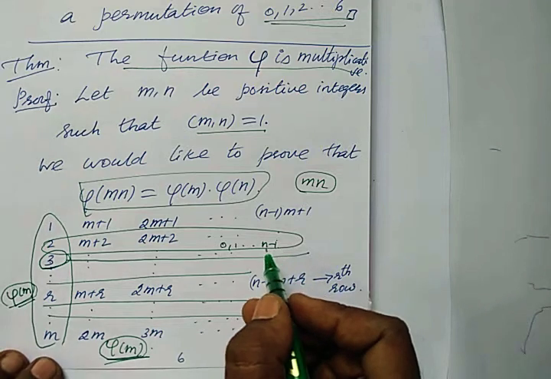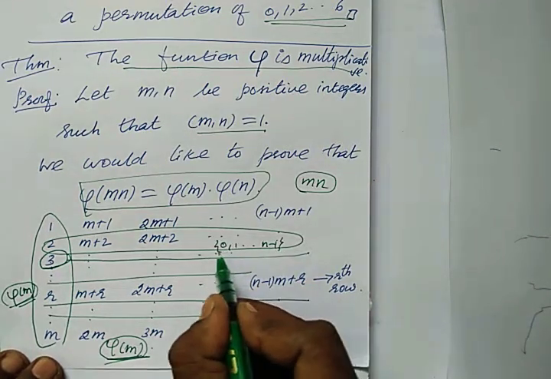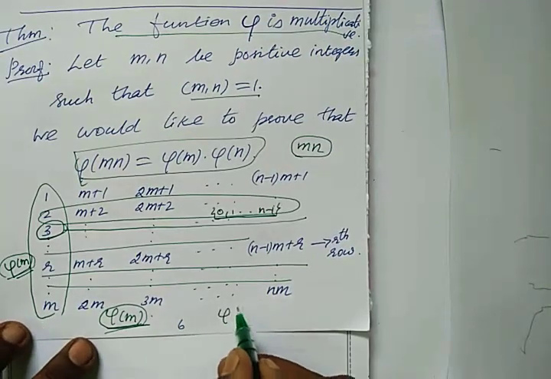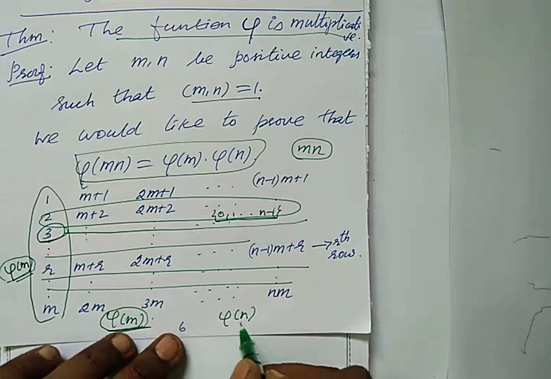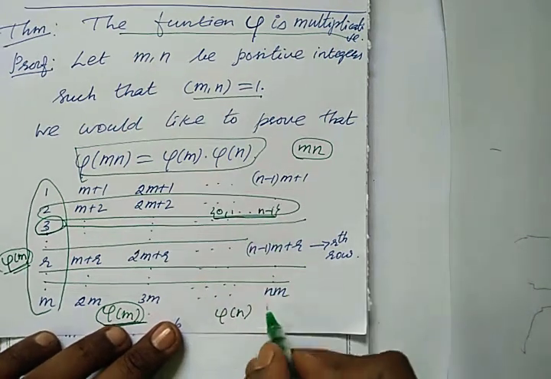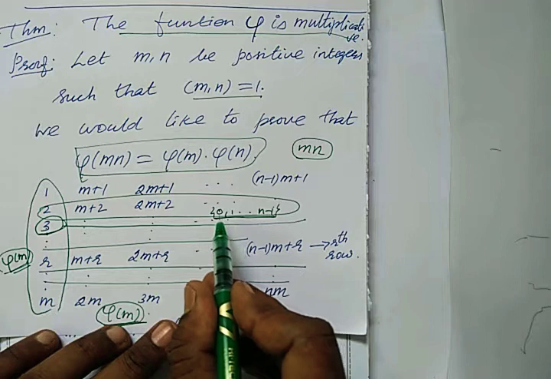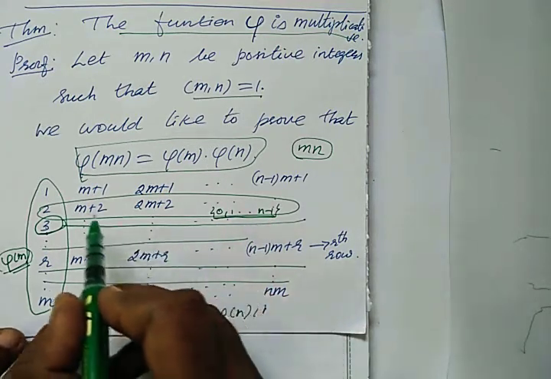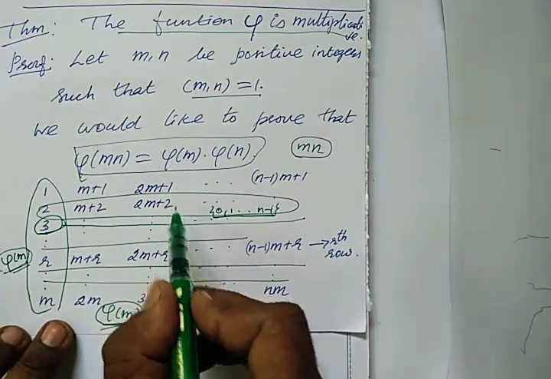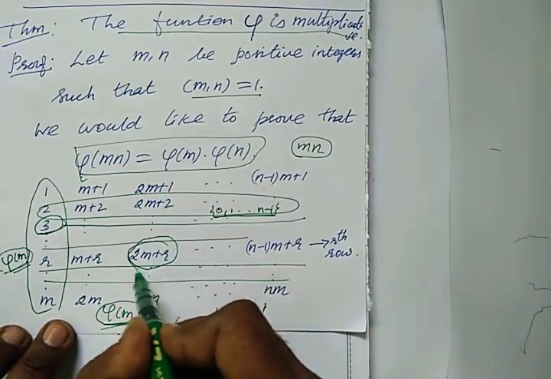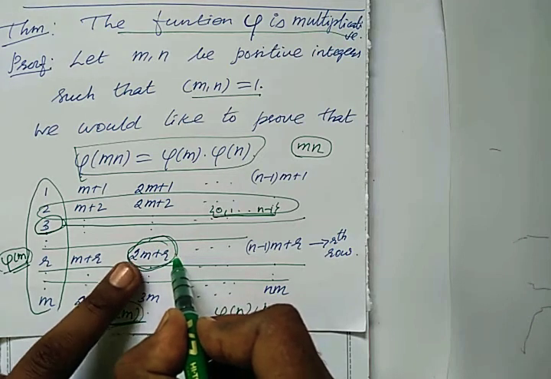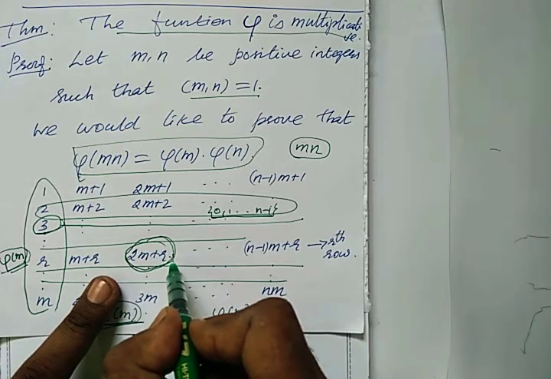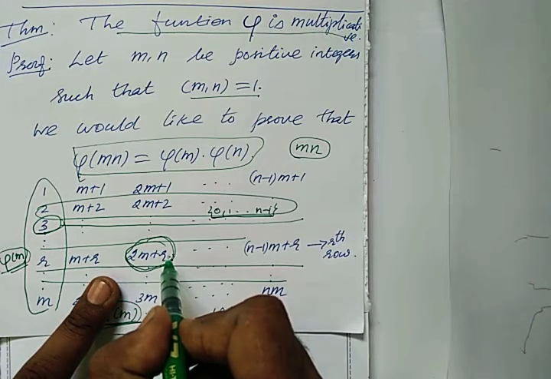But see here, among these n remainders, there are only phi of n numbers that are relatively prime with n. So suppose in this row, a number leaves a remainder that is not relatively prime with n, then this number also will not be relatively prime with n.